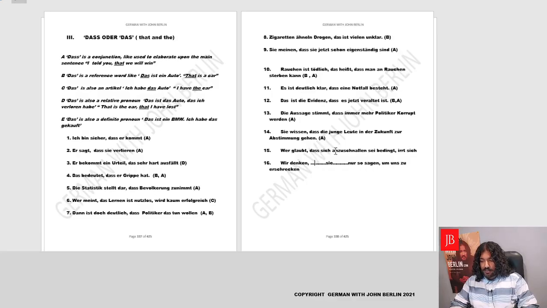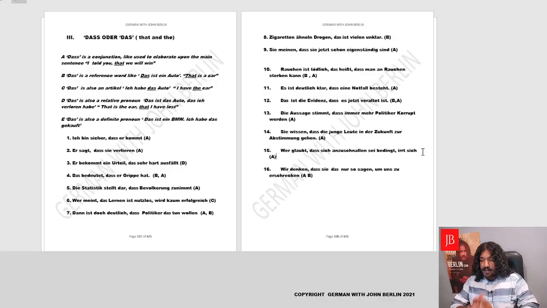We think that you are saying that in order to just make us afraid, to terrify us. So we are denken. What are we thinking? It's an elaboration. So we'll say "dass". So it's a conjunction. Dass sie das sagen. Now, whatever they are saying, you're referring to that. So it's a reference word, "das". Genau. So it's a mixture of, first we said "dass", that is A, and then we said basically "das", which is B. And this one was remaining, it was A.